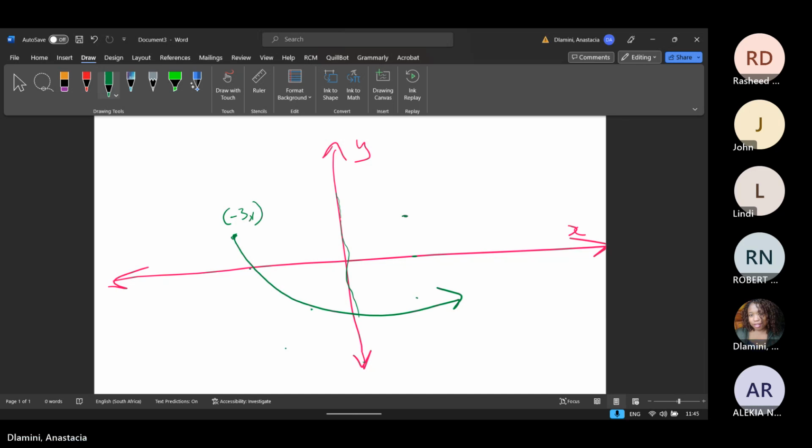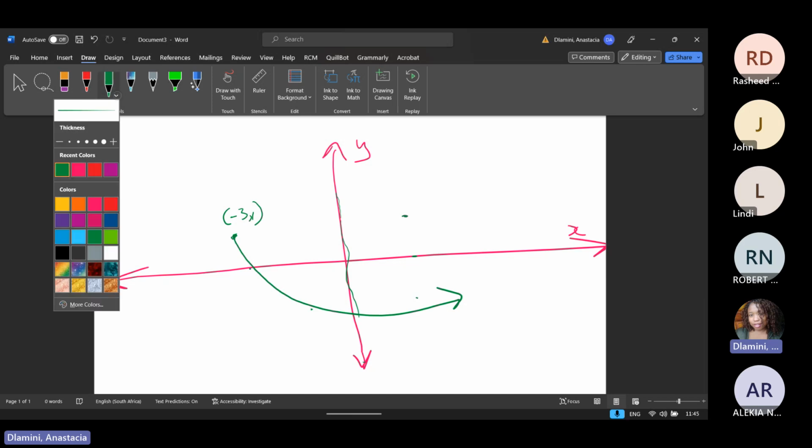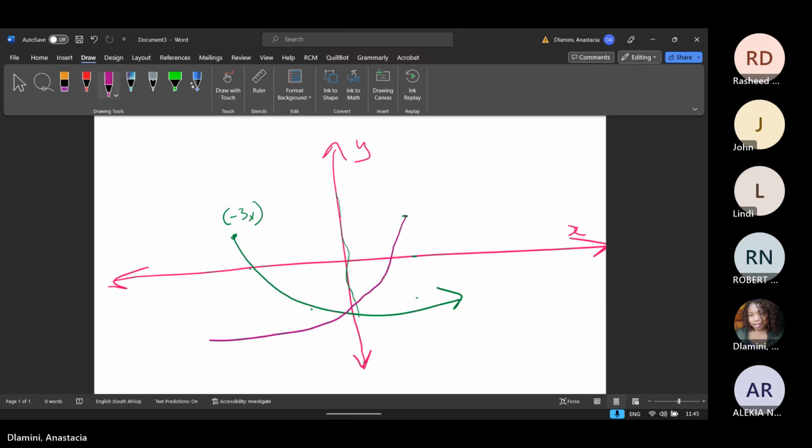Something like that. Does it make sense? So when you reflect it about the y-axis, the reflection will look something like this, meaning that this point will be 3 and 1. Are we all okay? It's not drawn to scale though.